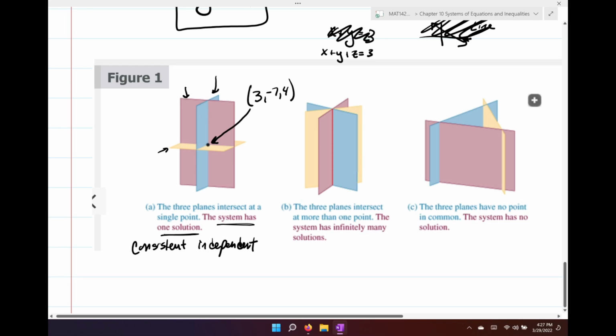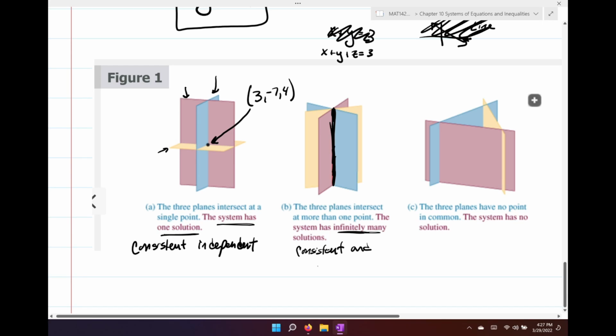Now, in part B, notice that all 3 planes intersect on this line that I'm shading in black. This is a situation where you have infinitely many solutions. That is consistent again, consistent meaning there's a solution.